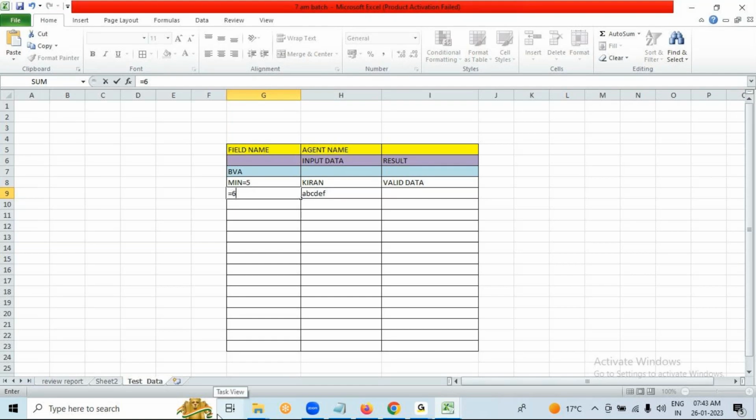Sorry, there is something lagging. Yeah, leave it for 30 seconds. Once it blinks, then you can type.